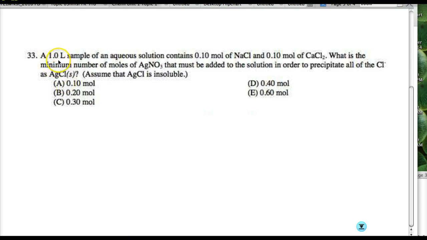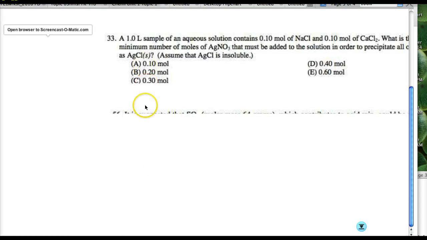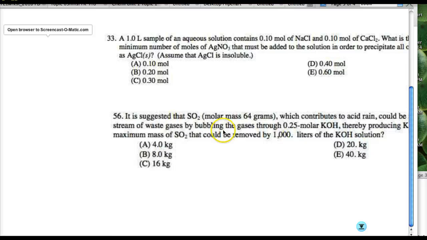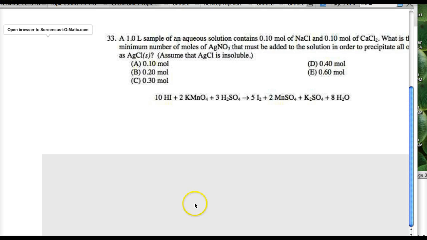Okay, last one. A 1 liter sample of aqueous solution, a 1 liter, there's a volume. I need to pay attention to these. Get out of here, stop that. Go back. What are you doing? What's that? That's a problem we already did. Okay.